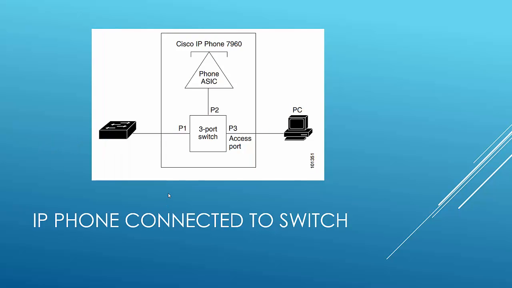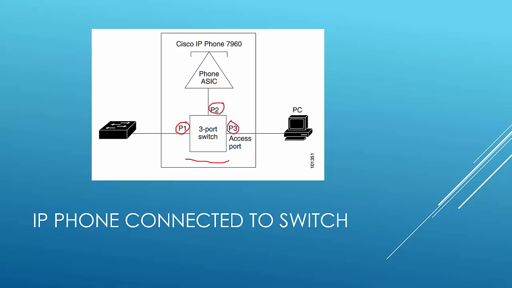Let's discuss some basic things that I discussed last time as well. Here is an IP phone, and this IP phone has three ports, as I told you last time. It has port P1, P2, and P3.